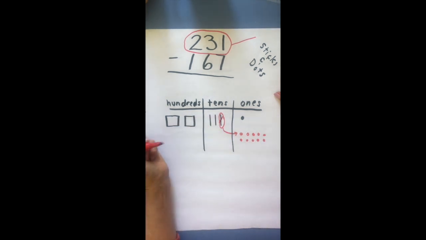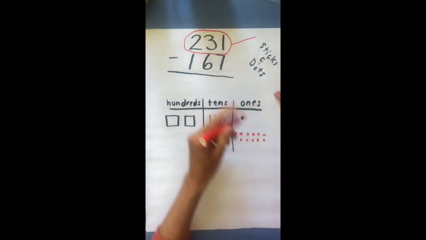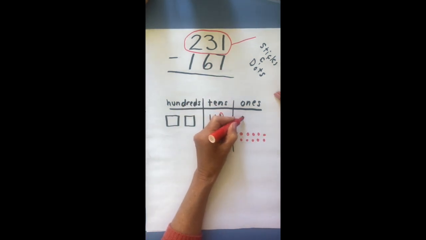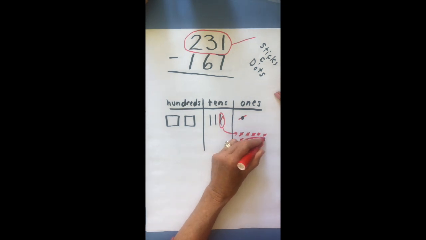So this is gone now because I moved it over here. Now I can take away 7 ones. So I'm going to use the one I have up here because I always forget about it if I don't. So 1, 2, 3, 4, 5, 6, 7. And I'm left with 1, 2, 3, 4 ones.